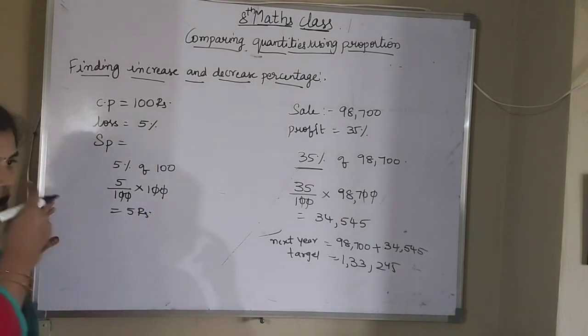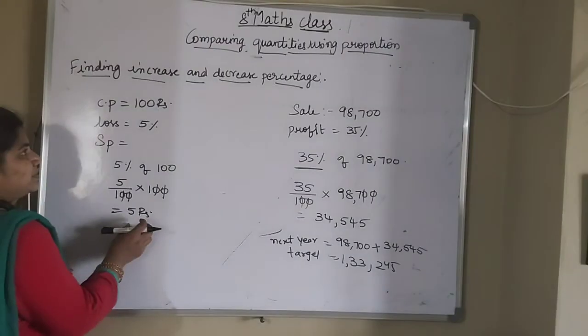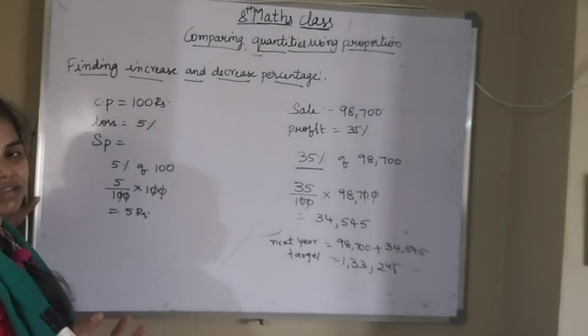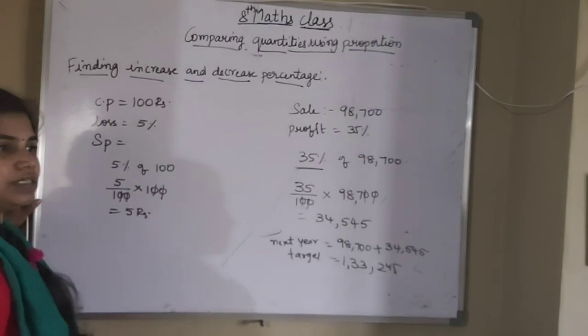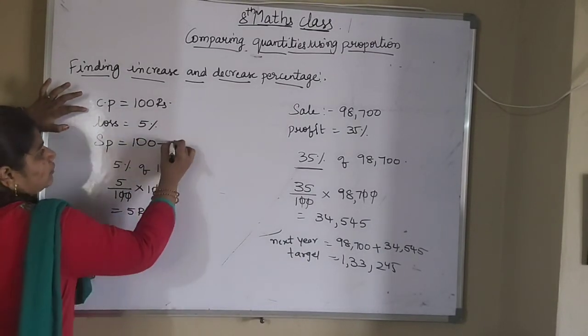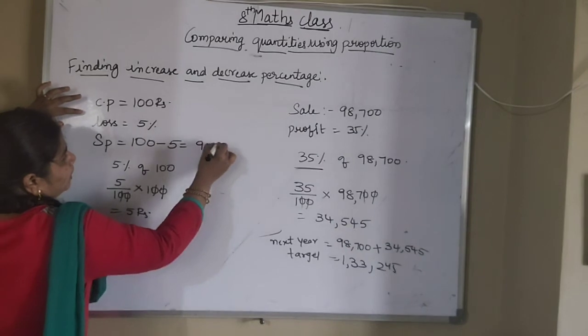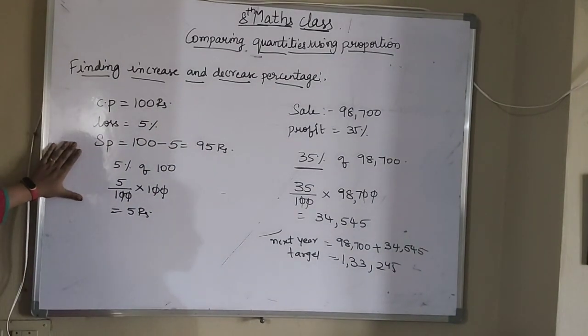So what is the loss value? I got 5 rupees loss after selling a pen. Loss means decreased. Decrease is nothing but subtraction. That means 100 minus this 5 you have to do. That means that will be 95 rupees.